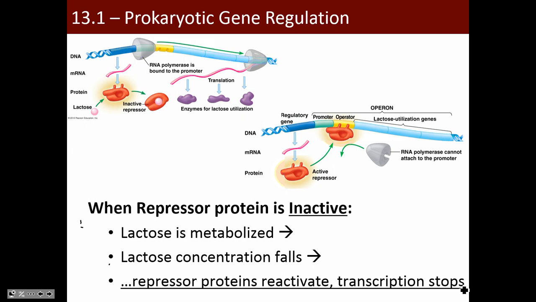It doesn't actually have anything to do with E. coli in the gut. If you're lactose intolerant, you don't make the right enzymes to break down lactose. And so part of the like Lactaid, right, is to try to give you the right enzymes to help you break it down.